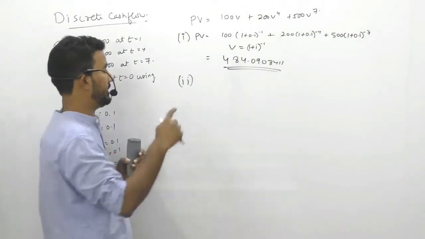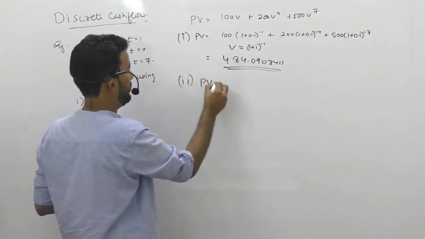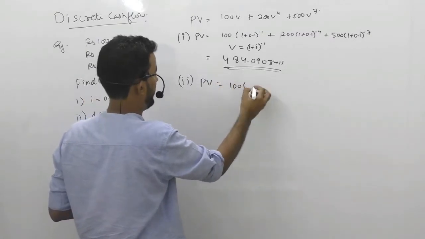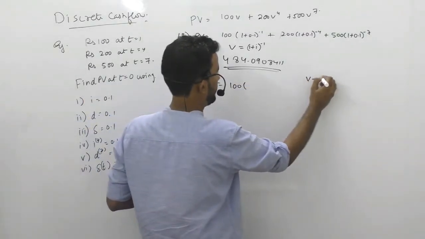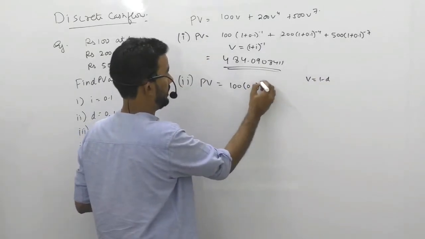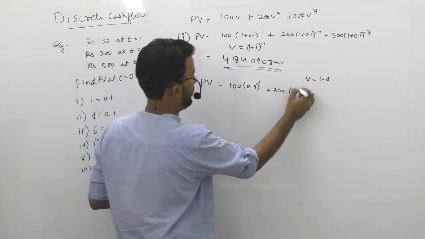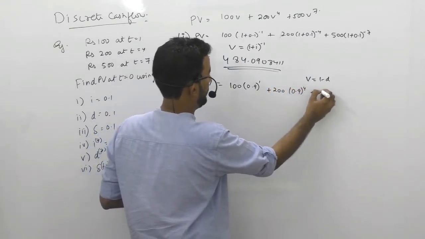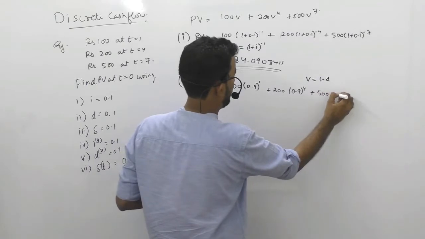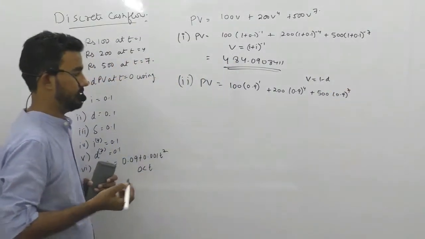Now for the second case, when d is 10%, in this equation I can write the present value as 100 into (1 minus d), you can use the relation v is equal to 1 minus d, so 0.9 raised to 1, plus 200 into 0.9 raised to 4, plus 500 into 0.9 raised to 7. 0.9 is because it is 1 minus 0.1, which is 0.9. So this is my equation.